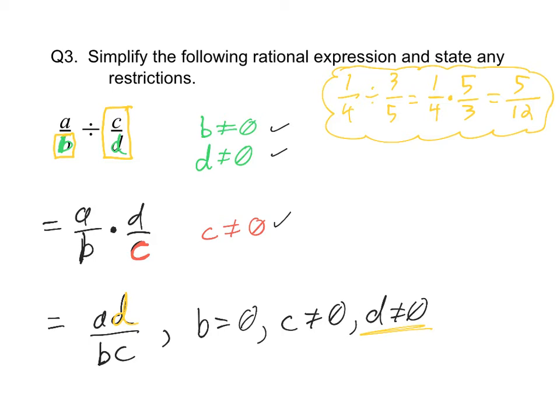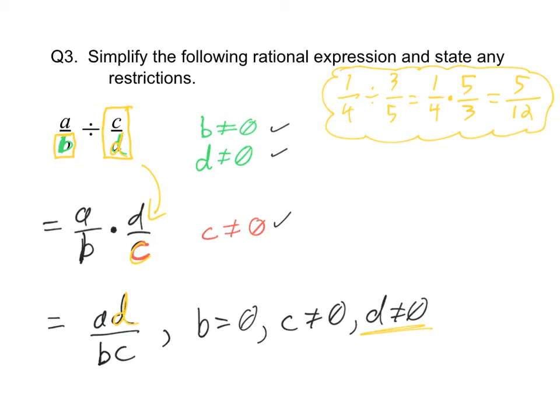Note that b, c, and d all end up being restrictions. That's an extra point you have to be cautious of when dividing rational expressions: because dividing is the same thing as multiplying by the reciprocal, both the denominator and the numerator are going to produce these restrictions.